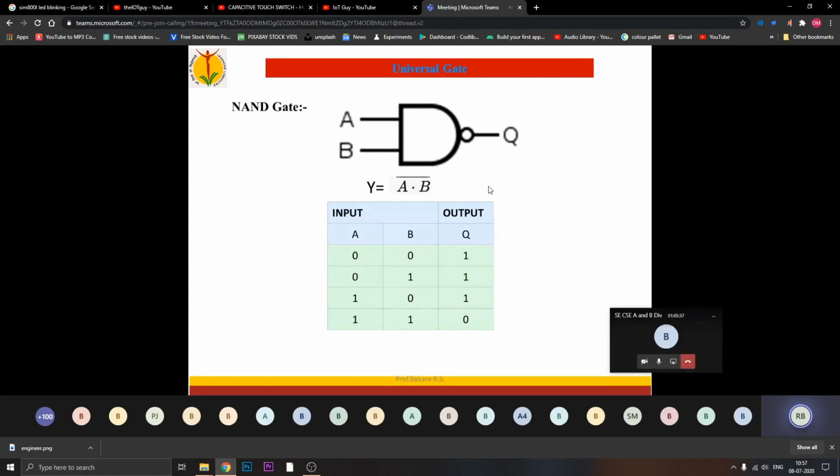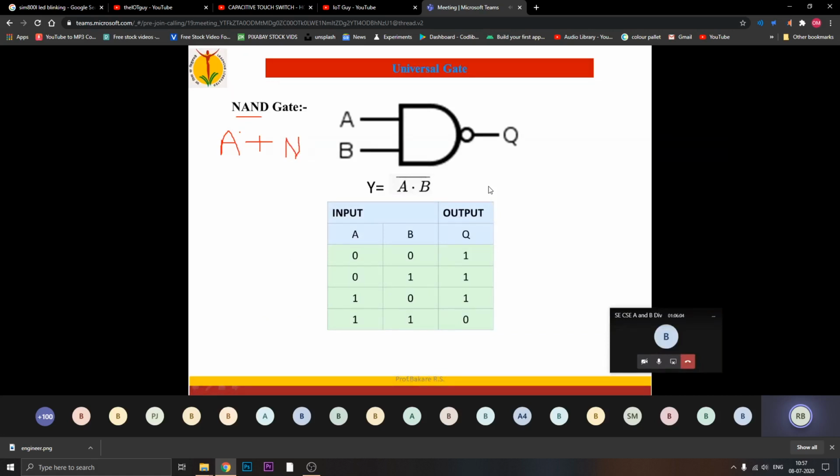Now the universal gate. First we cover the NAND gate. Now see, the NAND gate is the combination of AND gate plus NOT gate. Listen very carefully to what I told.